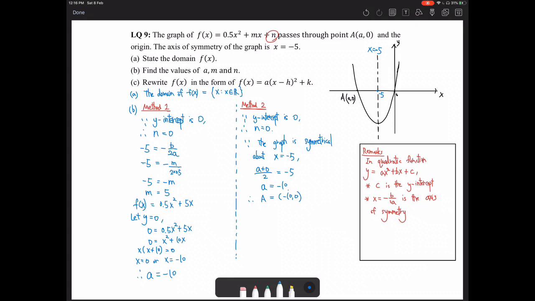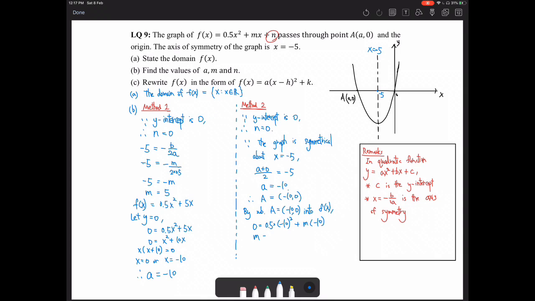We know the graph passes through point A, so that means we can substitute. By substituting A equals -10, 0 into f of x, we have 0 equals 0.5 times (-10) squared plus m times -10.